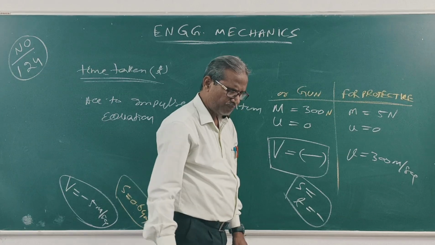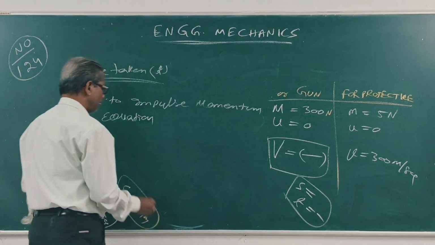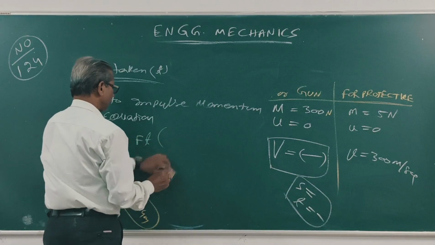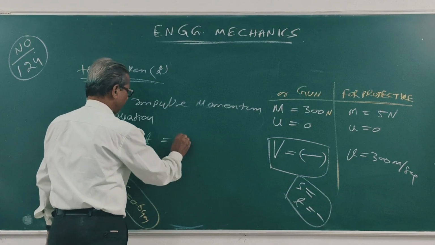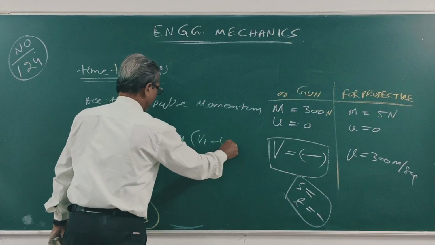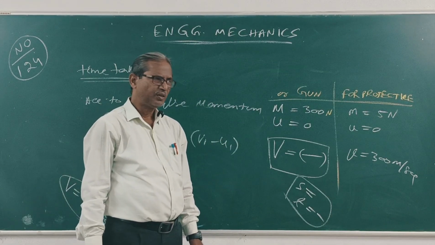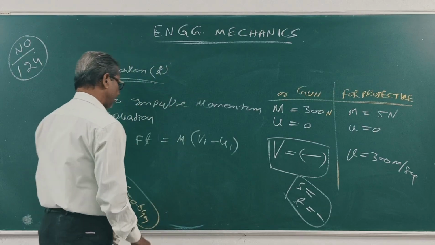Now minus F into T is equal to M into V1 minus U1. Clear? Here I have taken V1 and U1.